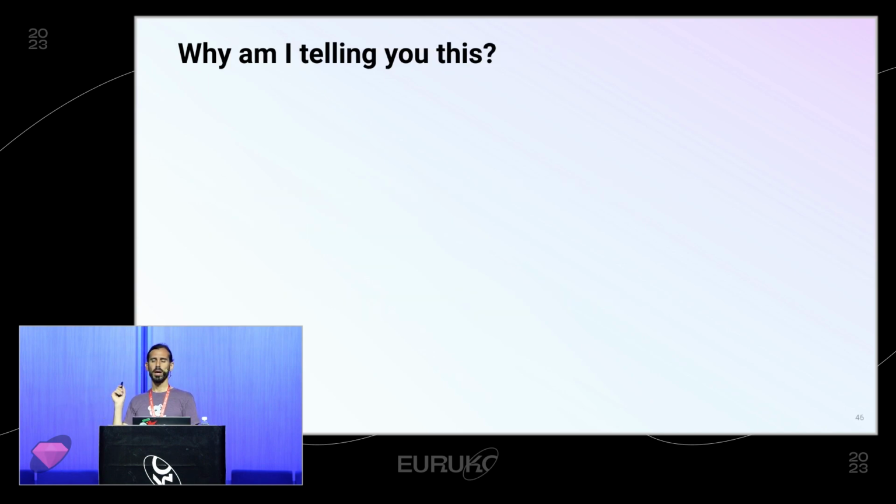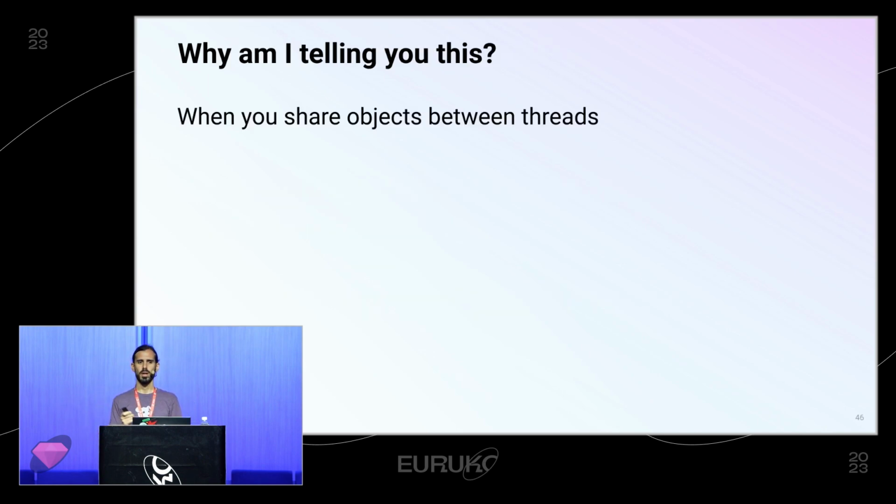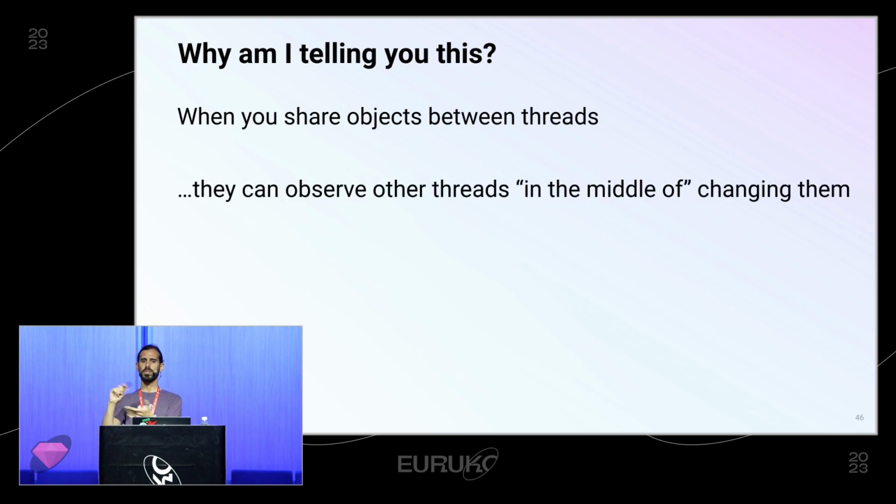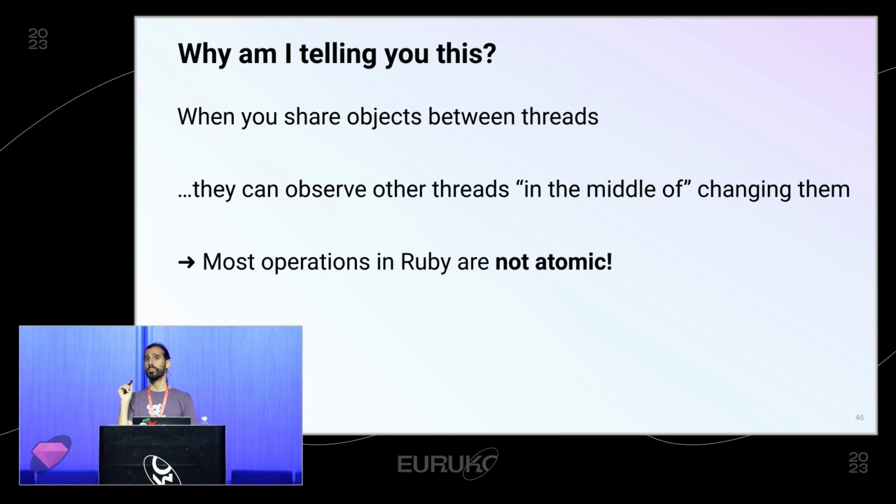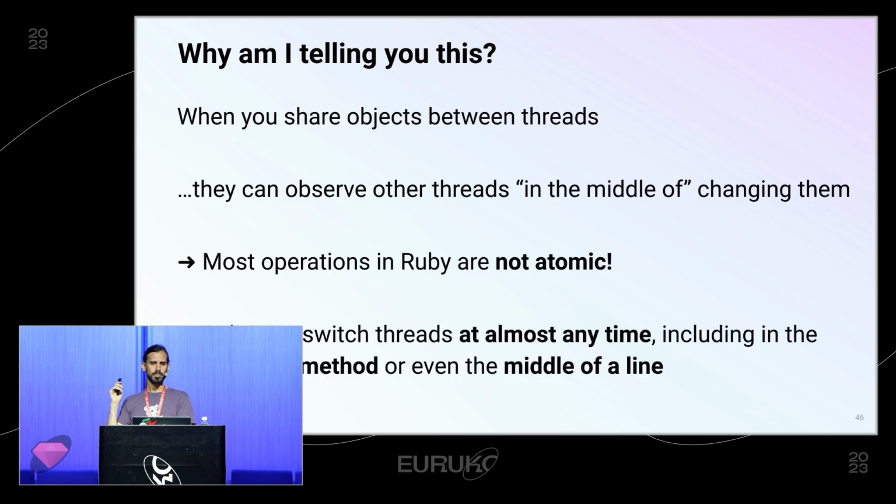And so why am I telling you this? I am telling you this because when you share objects between threads, they can actually observe other threads in the middle of changing them. So most operations in Ruby are not atomic. Now that you know what atomic is, I'm here to tell you most things in Ruby are not atomic.